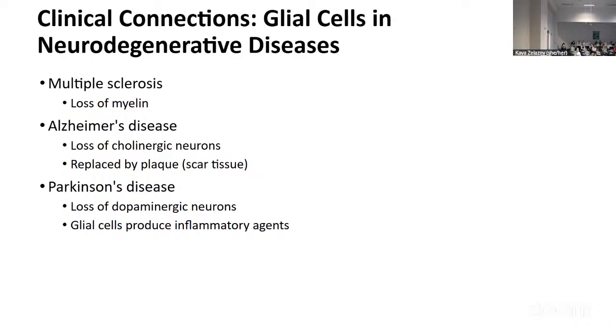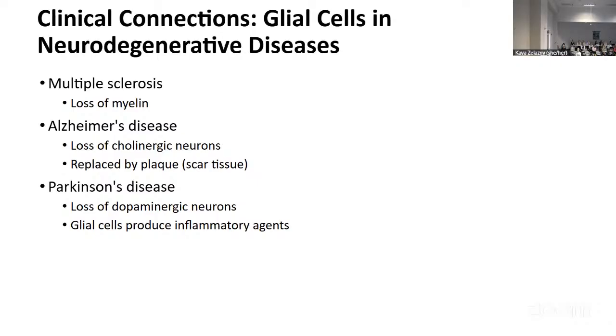So we know that oligodendrocytes and the Schwann cells are responsible for making that myelin, and it's important. Alzheimer's disease is related to loss of a certain type of neuron called a cholinergic neuron, but they also get replaced by scar tissue and plaques, right? So that shouldn't be happening.